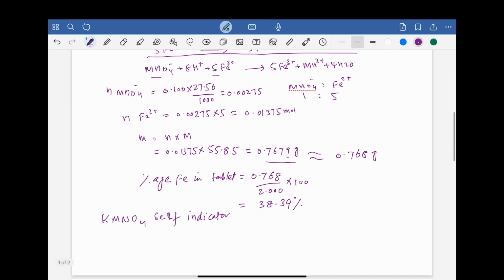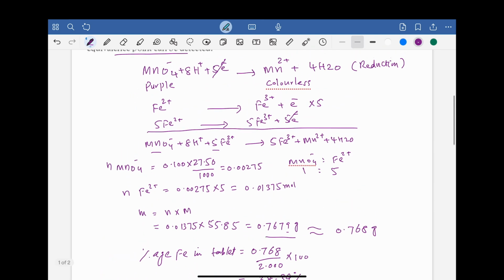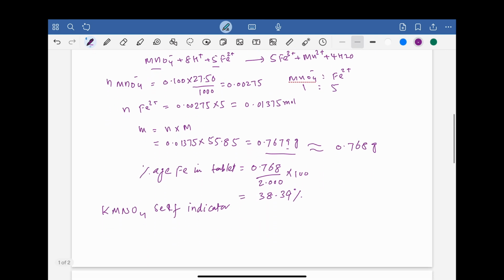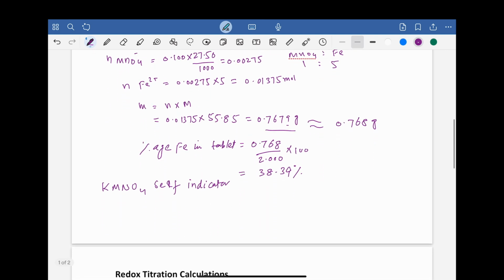At the equivalence point, we will observe a colorless solution in the flask, but one extra drop of KMnO₄ will bring the color to purple.